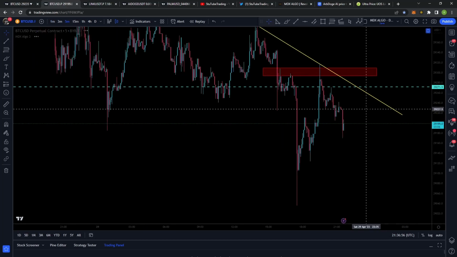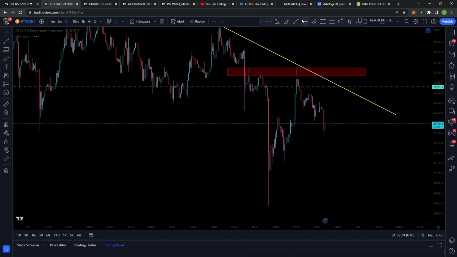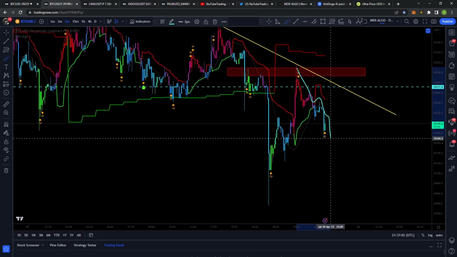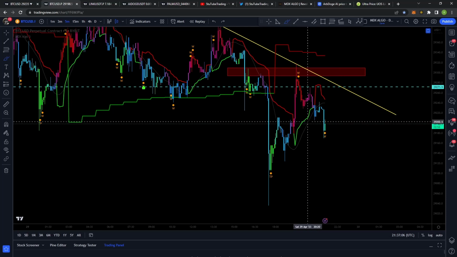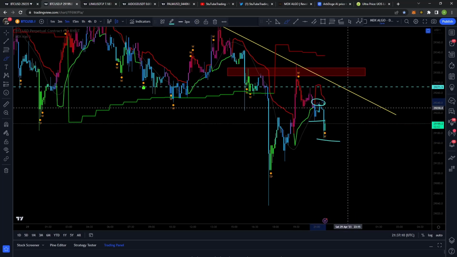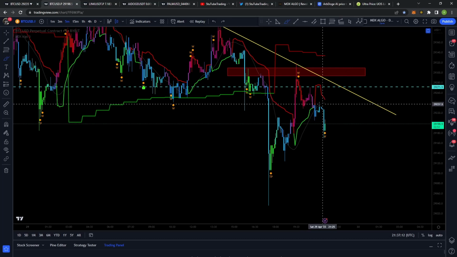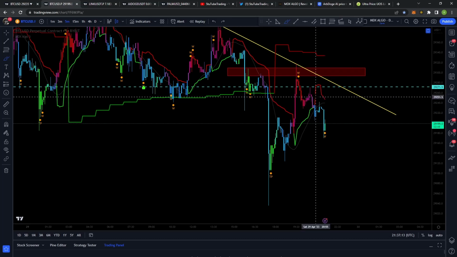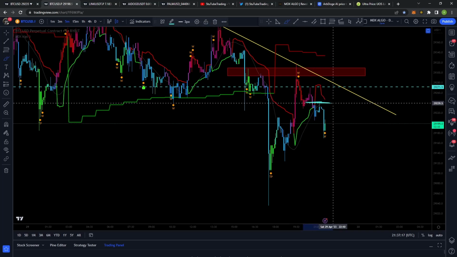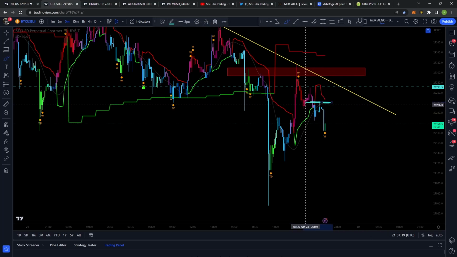What's the 5 minute looking like? 5 minutes still creating lower lows as far as just this current swing goes. At our lower low, our lower high is currently here. So I'm actually going to update my stop loss just a little bit above this structure, because this should act as a lower high.